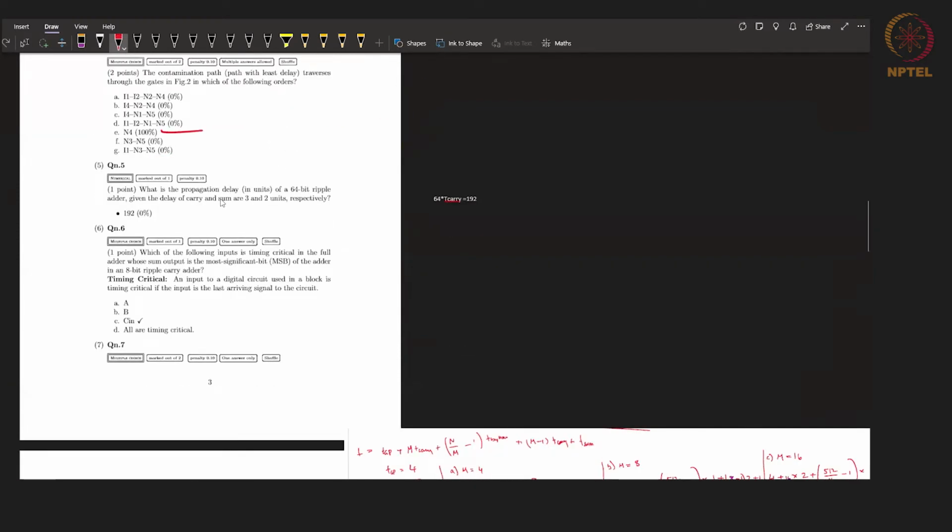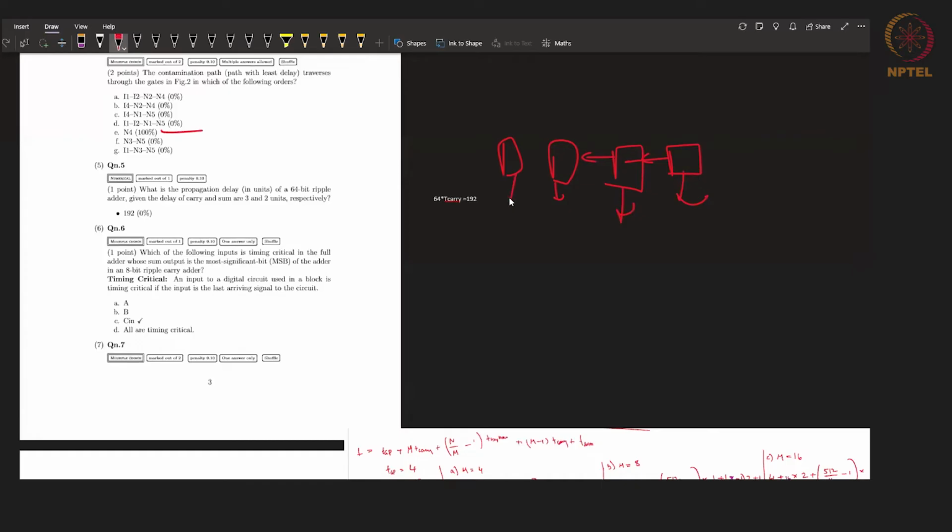Moving forward, what is the propagation delay of a 64-bit ripple adder given the delay of carry and sum are 3 and 2 units respectively? So in this case, the 64-bit adder ripples through all the stages like this, where you have your carry rippling and this is your sum output.